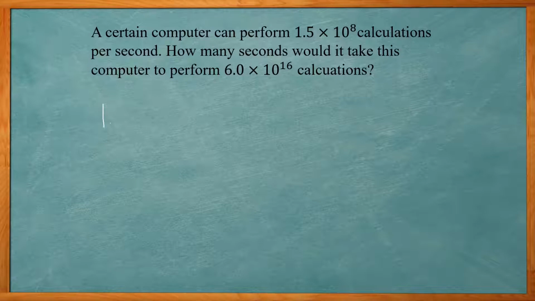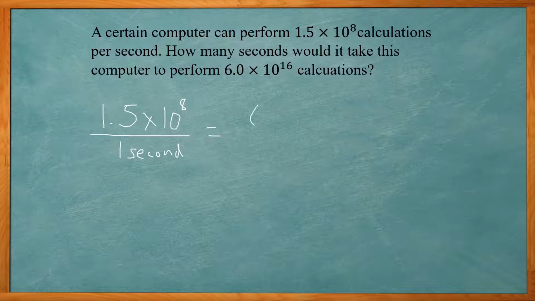So I know I can perform 1.5 times 10 to the 8 calculations per 1 second. This will be proportional to 6.0 times 10 to the 16th calculations per some unknown x amount of seconds.